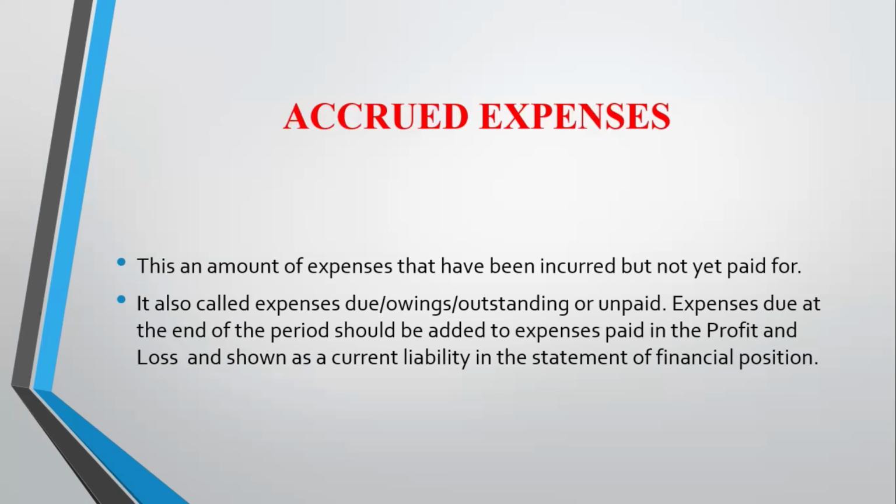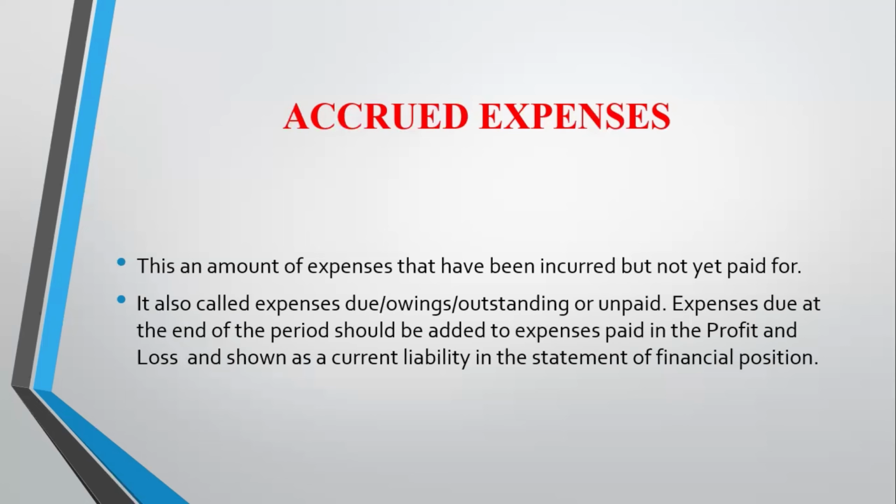At the end of the accounting period, when there are expenses due or expenses owing, we add them to the expenses that have been paid in that particular year. For example, in the year 2024, insurance expenses are 1,000 Ghana cedis. The insurance that we incurred in that particular year is 1,000 cedis, but we have been able to pay for only 800 cedis.